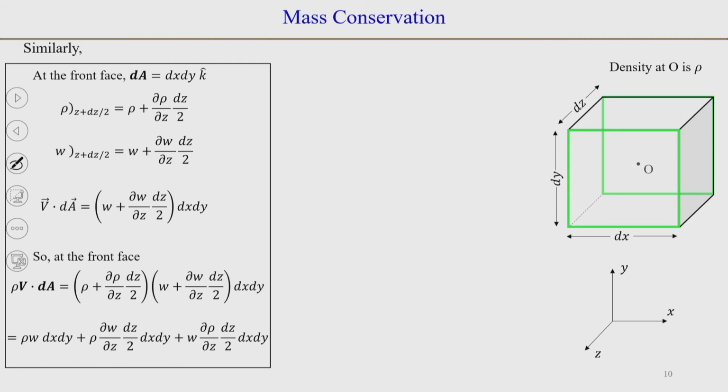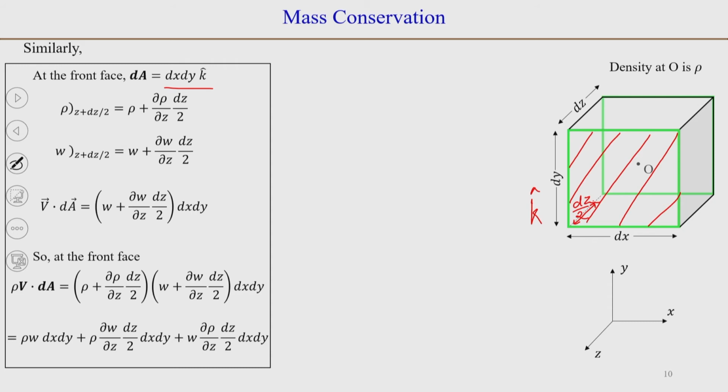So, we can do the similar exercise at the front face here. At the front face, which is at a distance of dz by 2, the unit normal is pointing out in the positive k direction here. Okay. So, the area vector will be dx dy, because it is an xy plane, dx dy into the unit normal k.